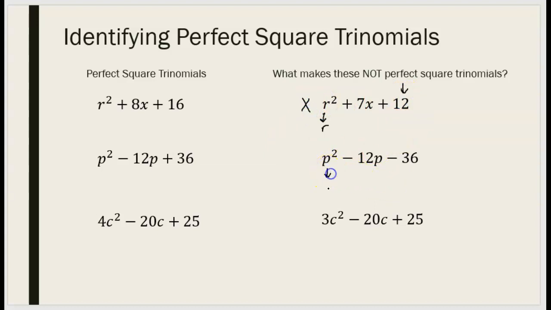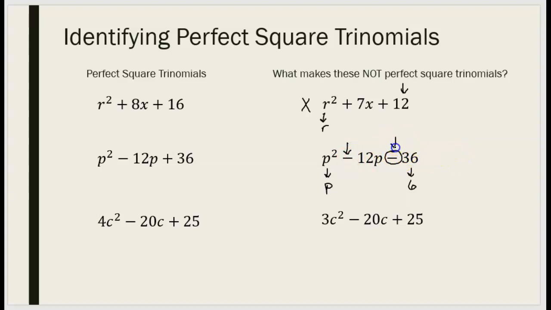This one, the square root is p. Now this one's a little tricky because the square root of 36 is 6, but here's the thing. We have to have a plus sign in front of our perfect square constant at the end, so what we need to look at is this symbol right here.